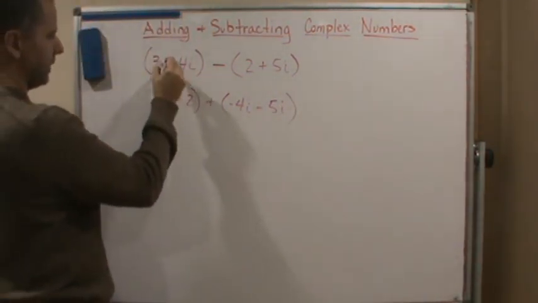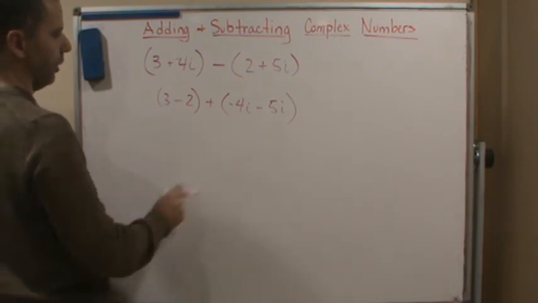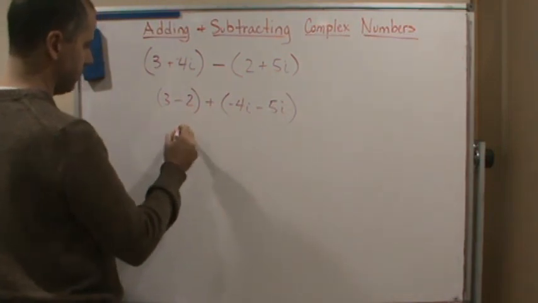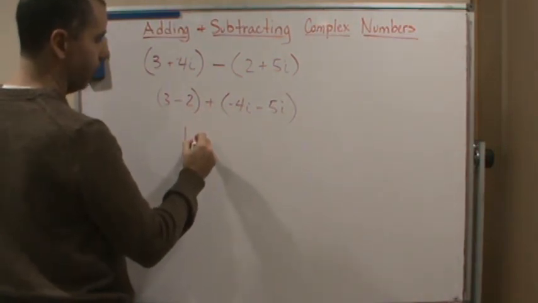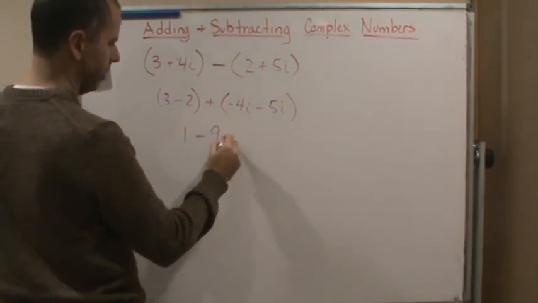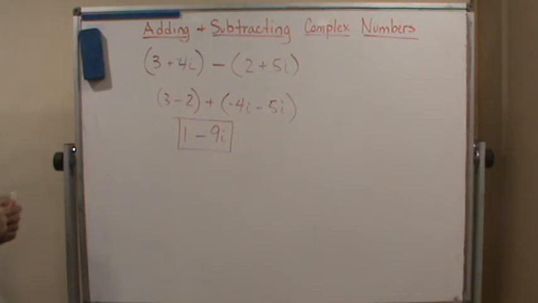I took this because this is a plus negative, so I wrote it as negative 4i minus 5i. And if I simplify this, I get 1, and now this is going to give me a minus 9i. And so that is the final answer.